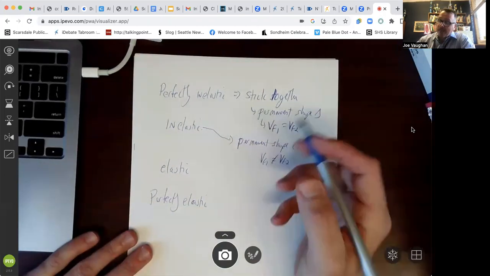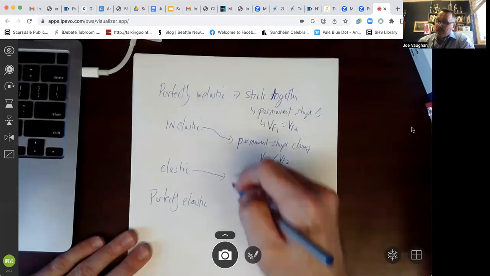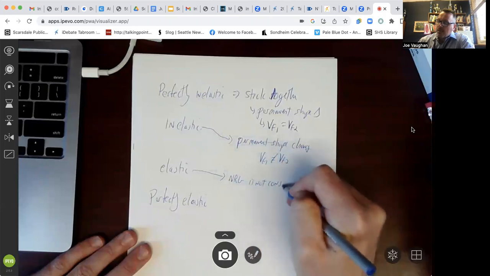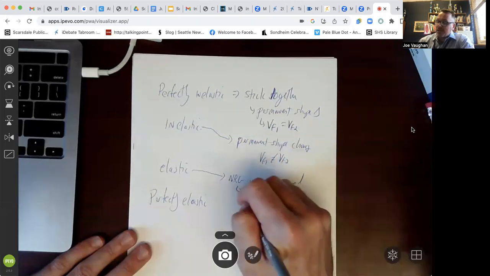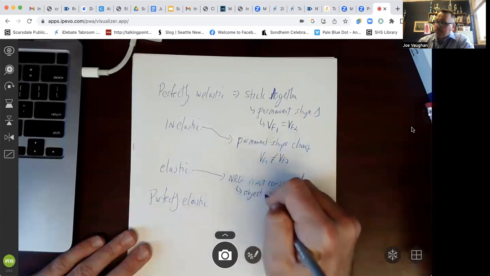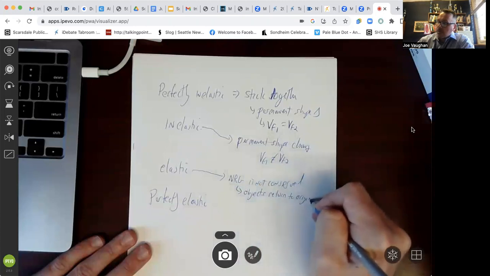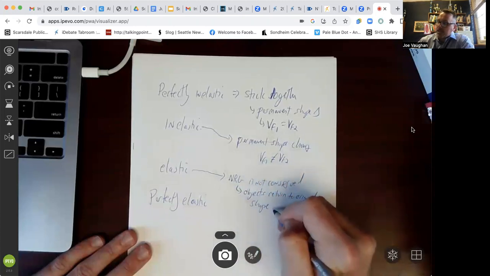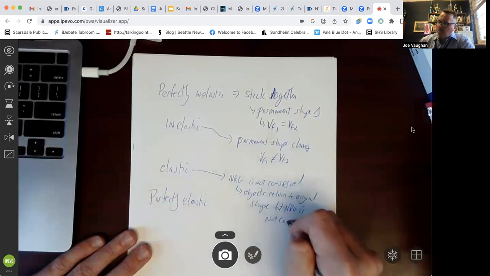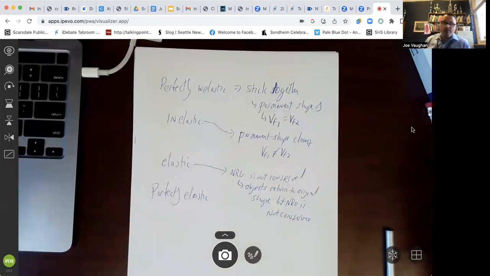But I can also have elastic collisions where energy is not conserved. What do we mean when we say elastic collisions? Well, that's when objects return to their original shape, but energy is not conserved. What on earth is that? Well, I want you to think about a bouncing ball, right?